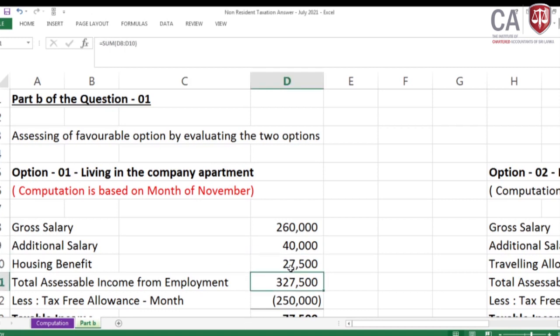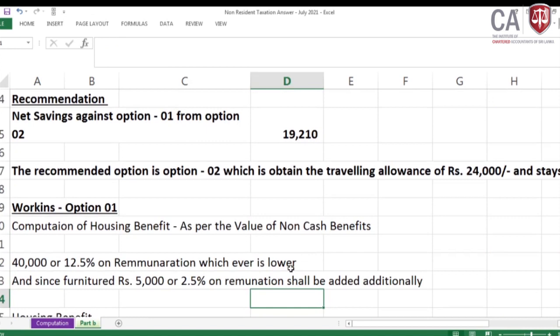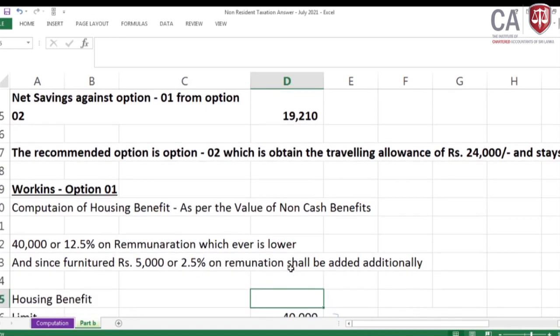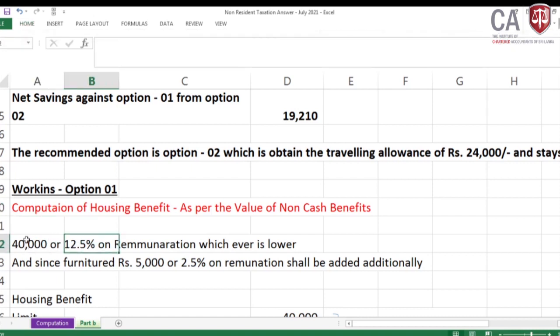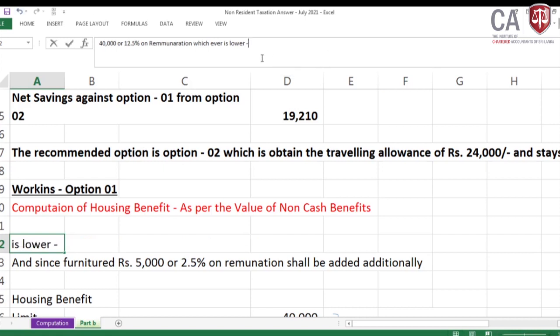Housing benefit 27,500, and how I have computed it. The working under option 1: computation of housing benefit as per the value of non-cash benefits, as given in the document. 40,000 or 12.5% of remuneration, whichever is lower. Why should this be applicable?